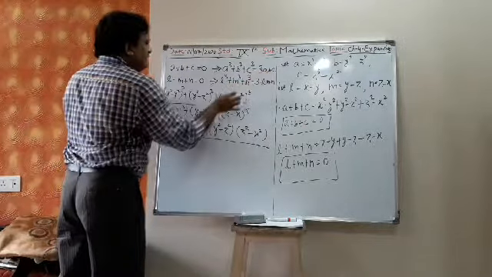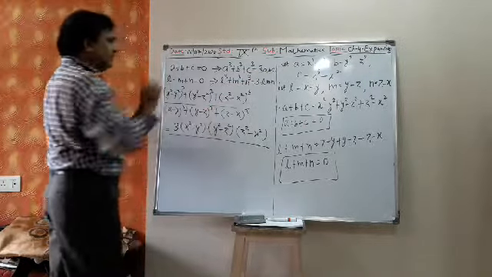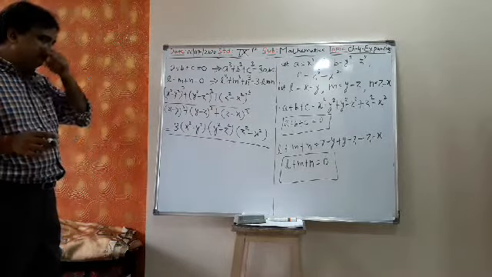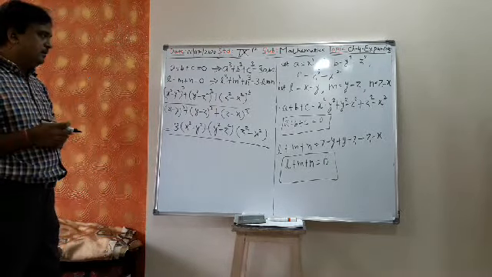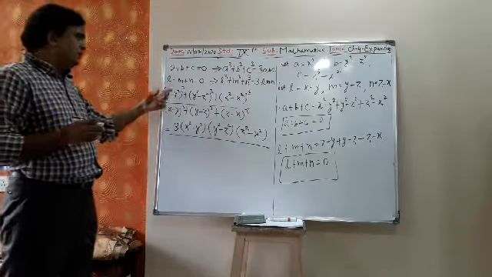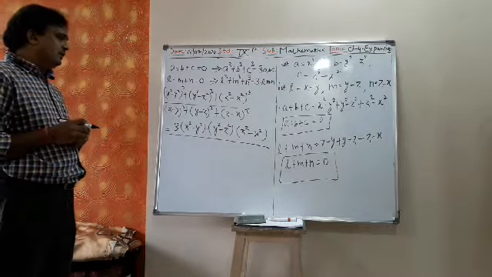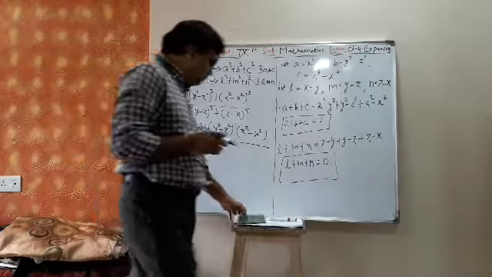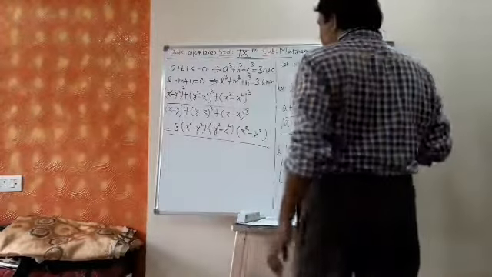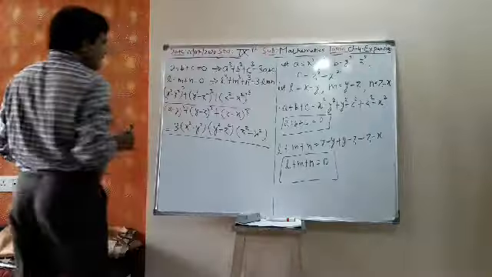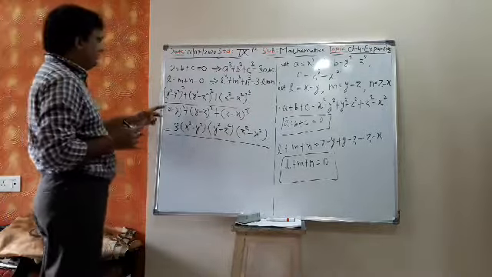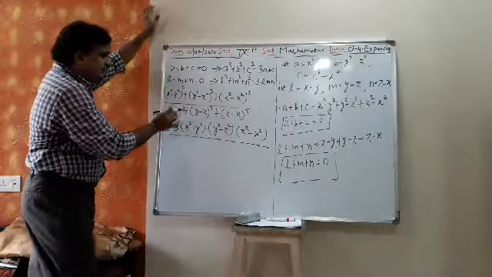In place of C, I will write the bracket value z square minus x square. Just see in the question, cube is there. Yes.